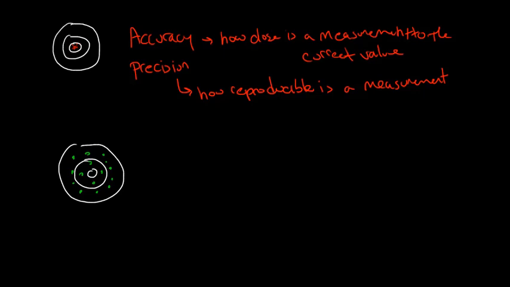So this measurement actually has a reasonably high degree of accuracy. However, since these measurements do not lie on top of each other, since we don't see reproducibility, we have a very poor degree of precision.